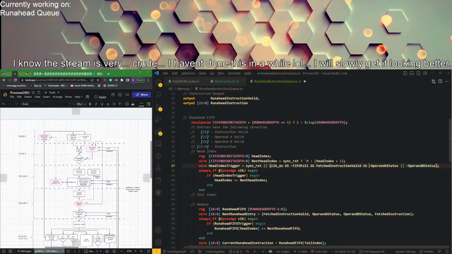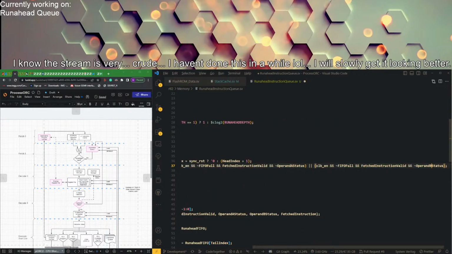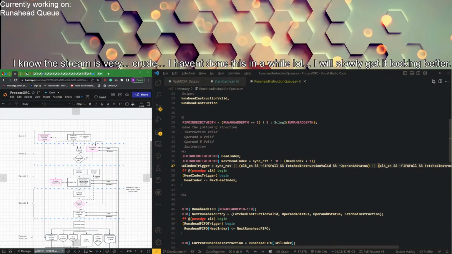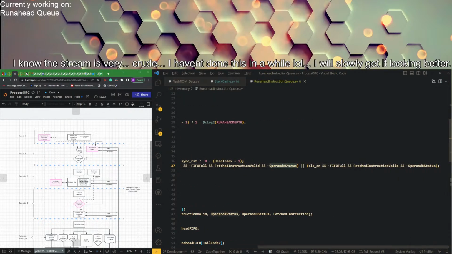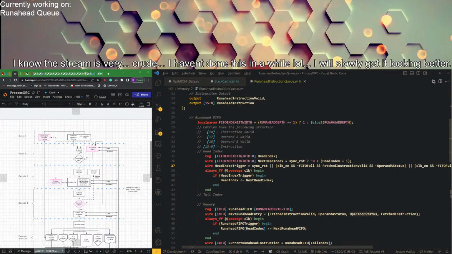Oh, hold on. I'm going to simplify this. Instead of having it 3 gates deep, I'm just going to have it be 2 separate conditions. So if the instruction's valid and operand A is invalid, store to it. Or if it's valid and operand B is invalid, and then if they're both invalid, it's going to write anyway. Perfect.